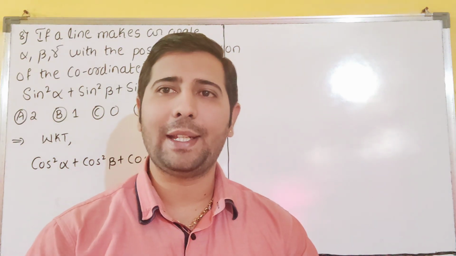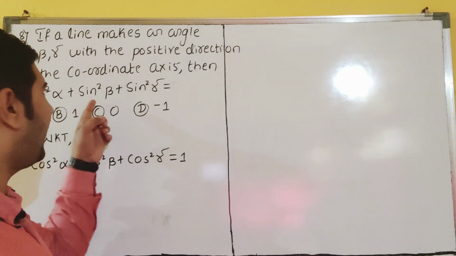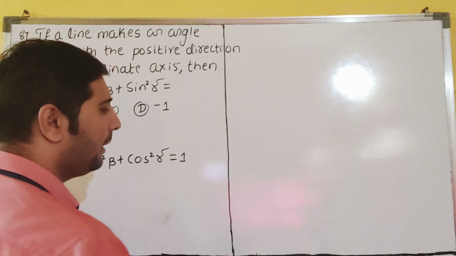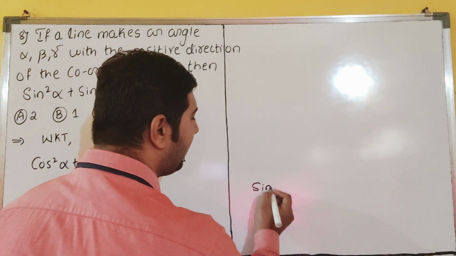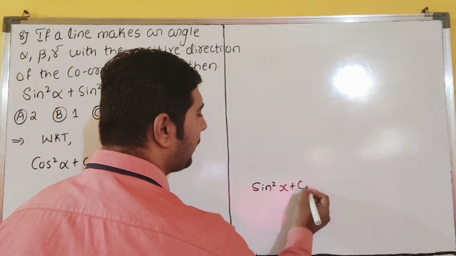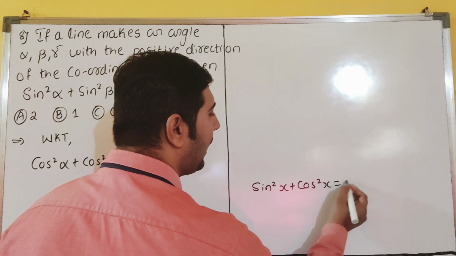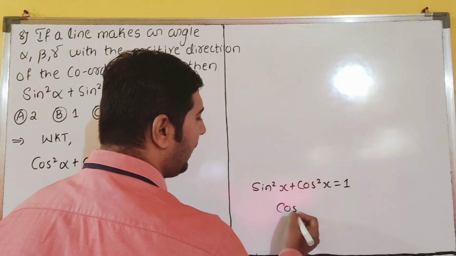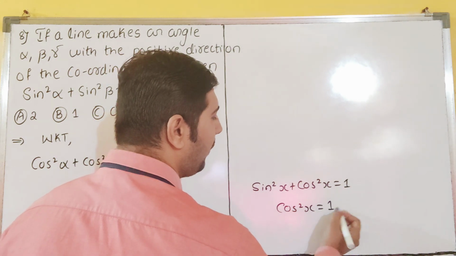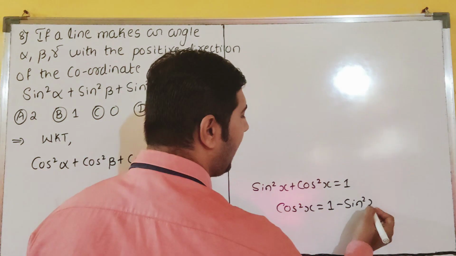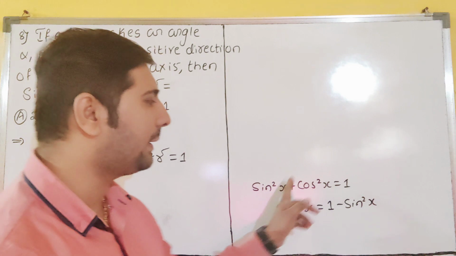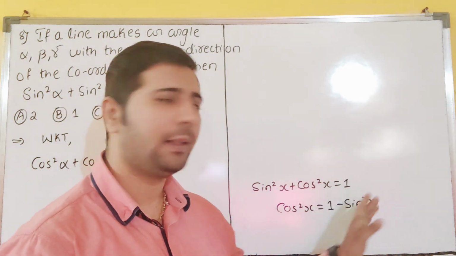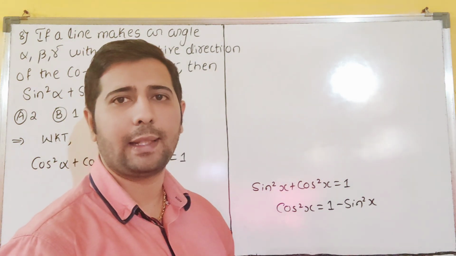So I have to find here what? Sin square alpha, sin square beta, sin square gamma. Dear students, everyone knows this one. Sin square x plus cos square x is how much? 1. So then cos square x is how much? 1 minus sin square x I can write. If I take sin square x to the RHS, it will become minus sin square x, dear students.